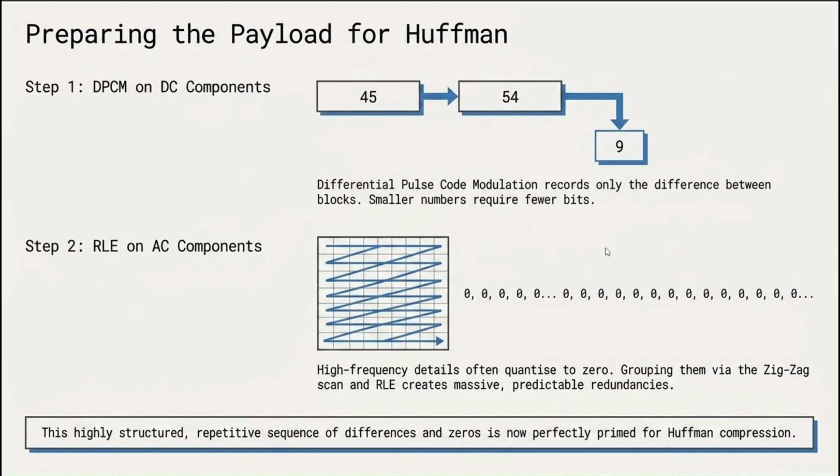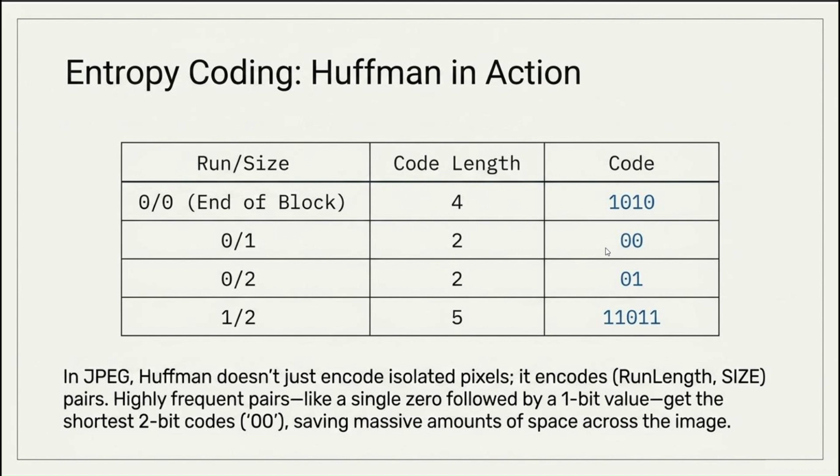In the JPEG compression standard, the image first goes through a discrete cosine transform, DCT, and quantization. After the data is processed, Huffman coding is used as a final entropy coding step to pack the resulting data as tightly as possible before it is saved to your disk.